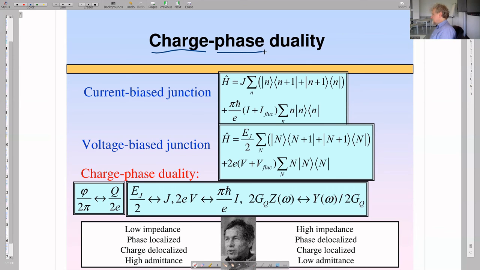It's convenient to separate it into cases of current bias junction and voltage bias junction. So in voltage bias junction, we have Cooper pair tunneling. In current bias junction, we have tunneling of phase, tunneling of flux.